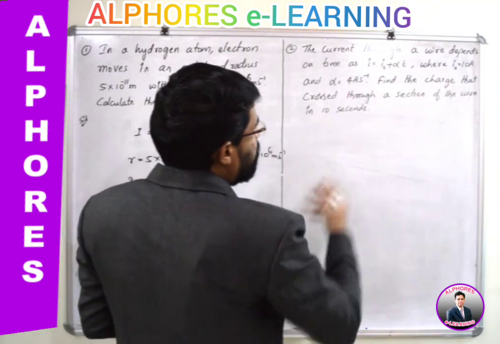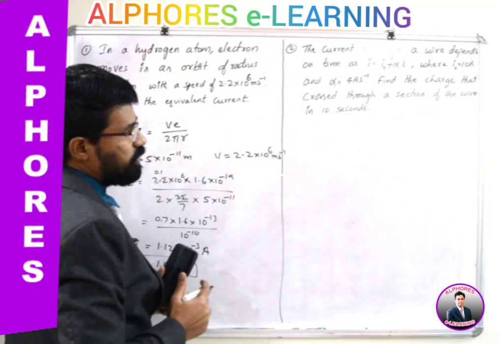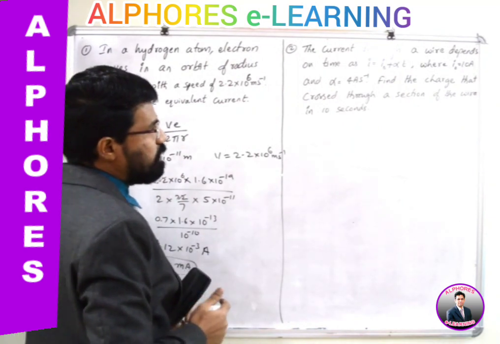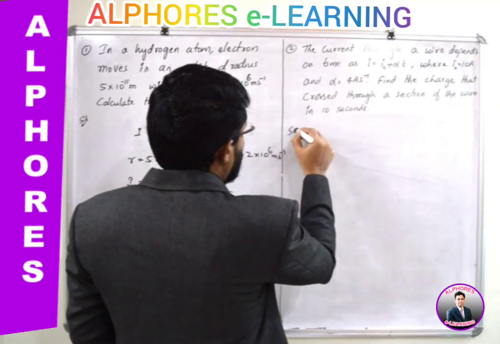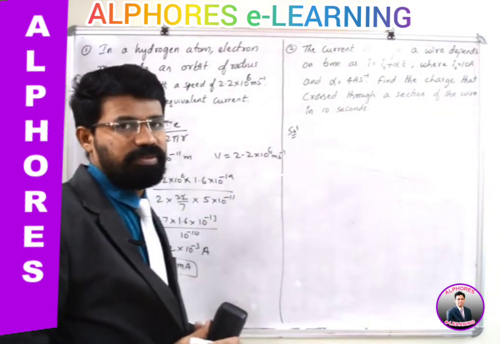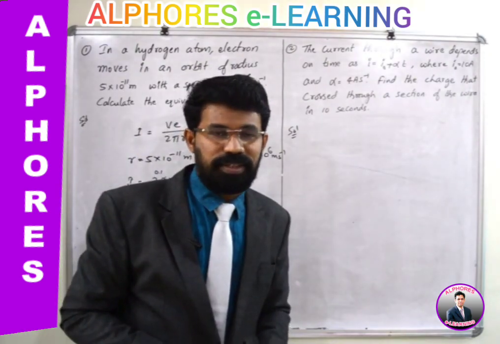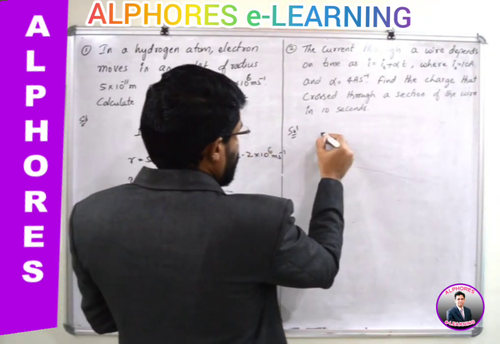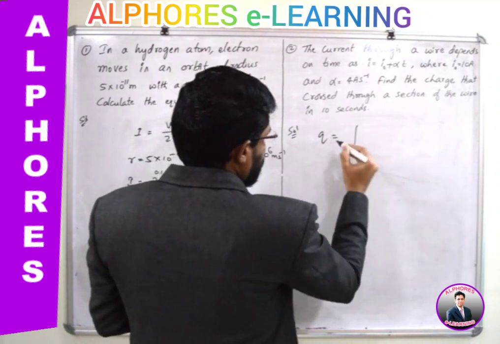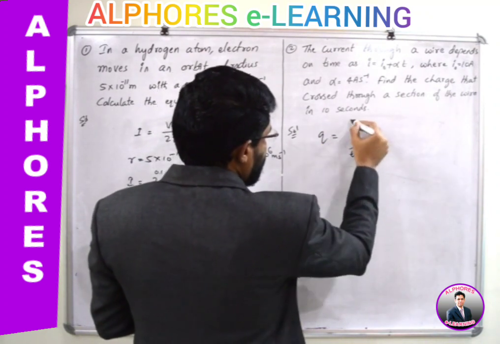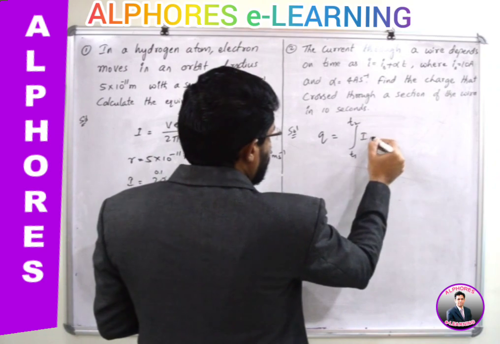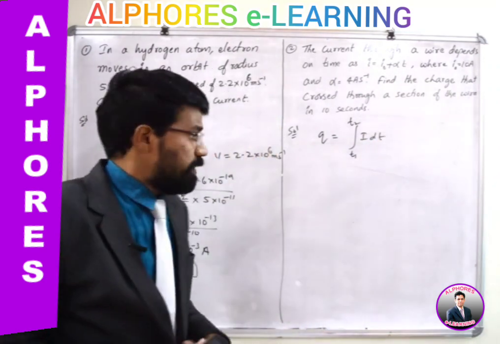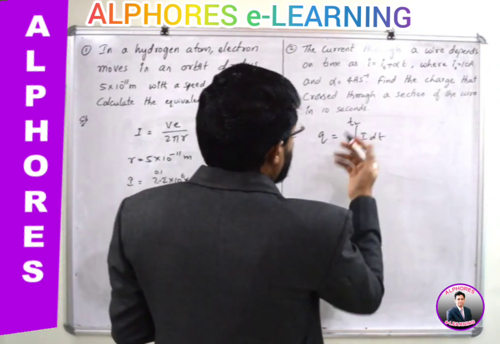So now let us find out how much charge has crossed through a cross section of the wire in 10 seconds. What was the conclusion when we discussed applications of electric current? The charge that has flown through a cross section can be calculated using the integral from t1 to t2 of I dt. What is t1 here?